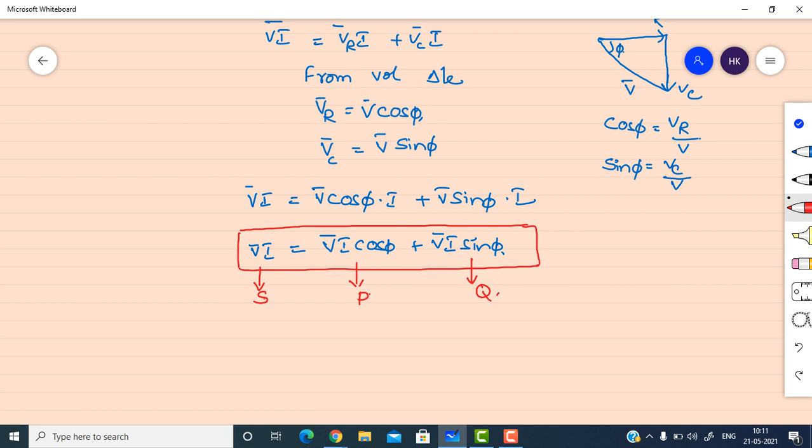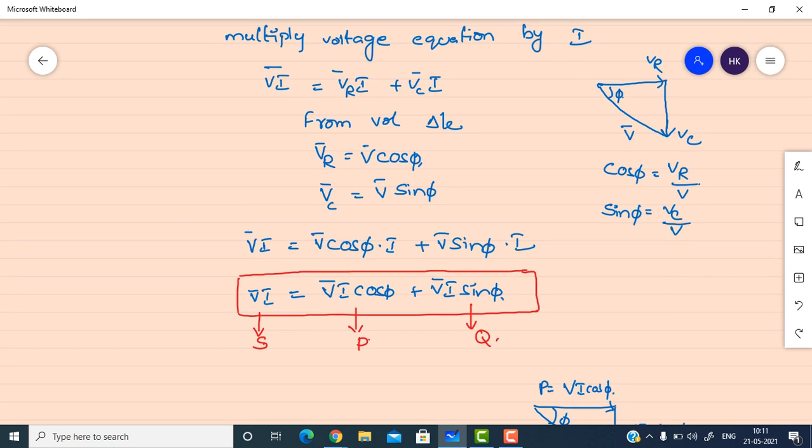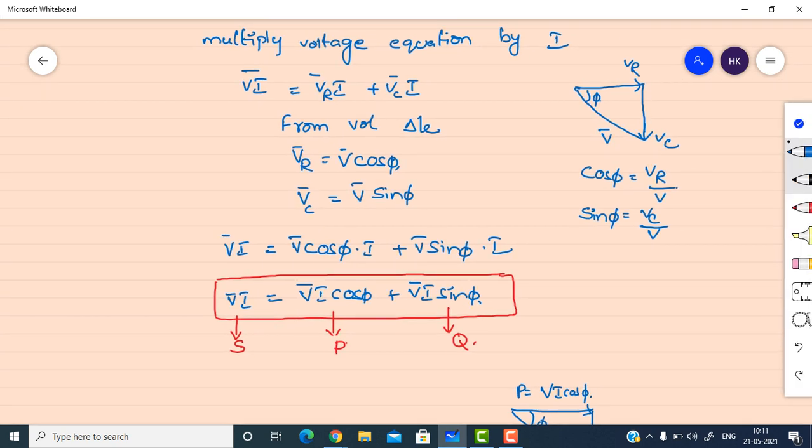So now we got the three sides of the power triangle. Draw the power triangle. This is VI cos phi, that is P, and this is VI sin phi, that is Q, and this is VI. How am I drawing this? Just multiply the voltage triangle with current.